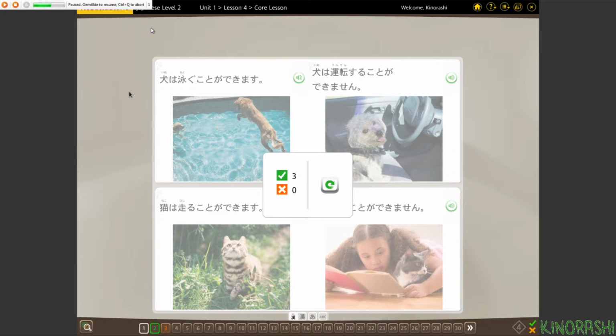Let's see. B. I am able, I am not able to. Let's see. Keki o tsukuru koto ga dekimasu. Oh, keiki. Okay, I said that wrong. Keiki. I can make cakes.